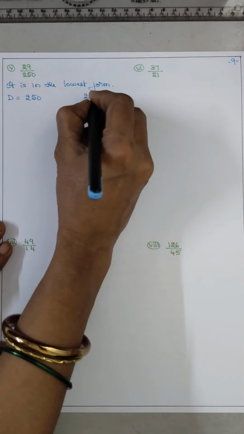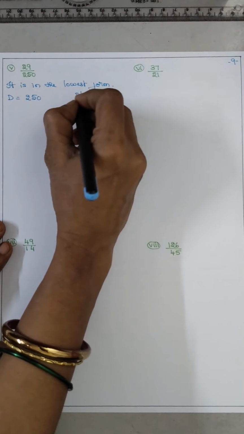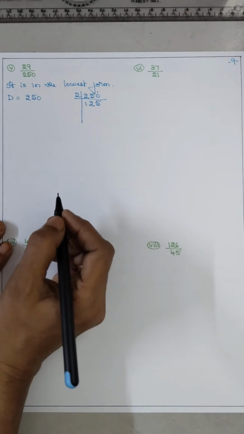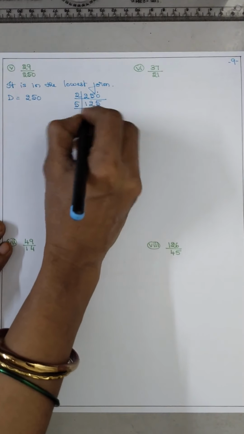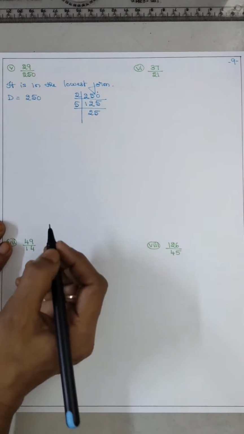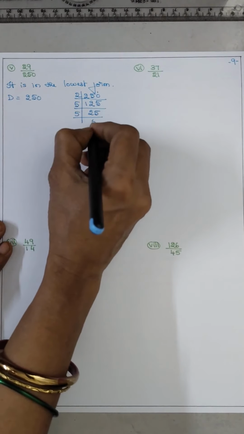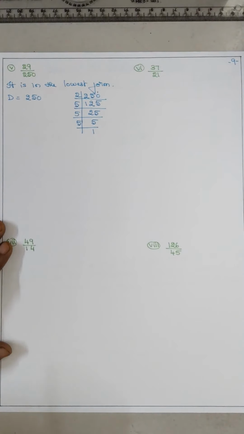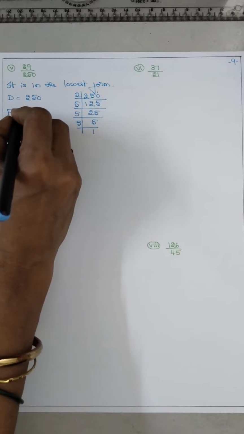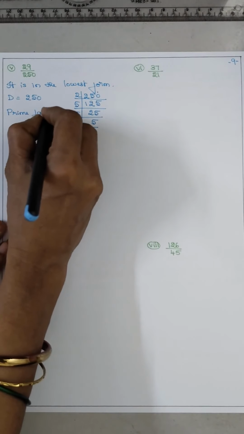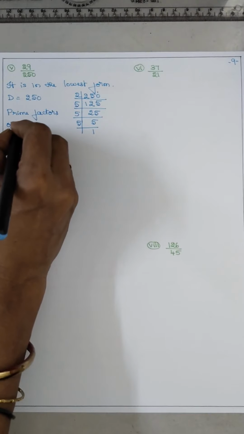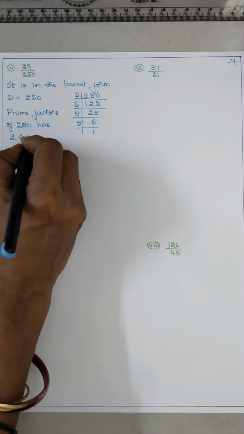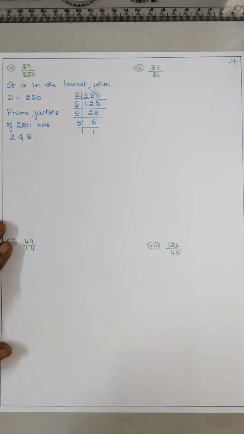Now find the prime factorization of 250. 250 has prime factors 2 and 5, isn't it?